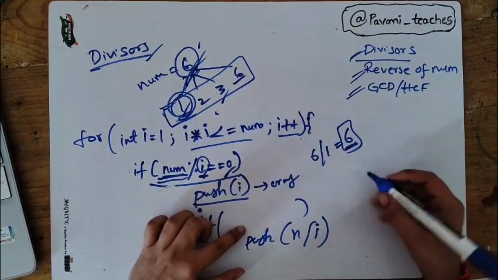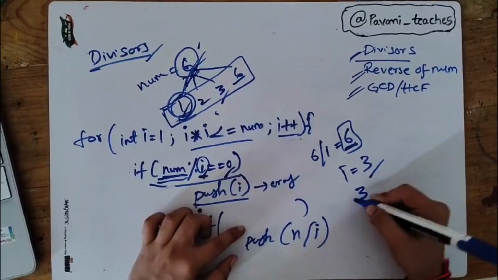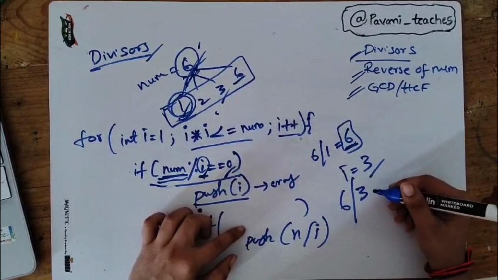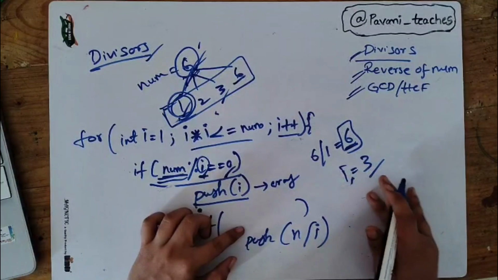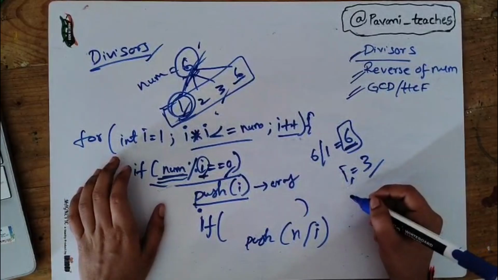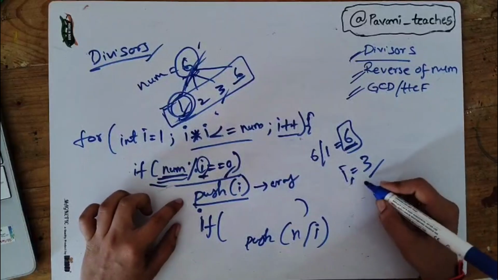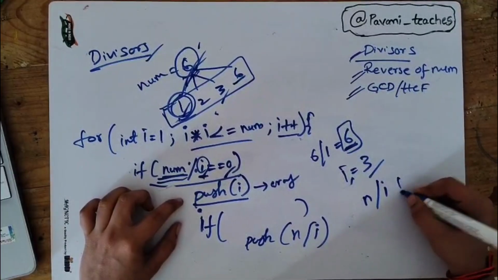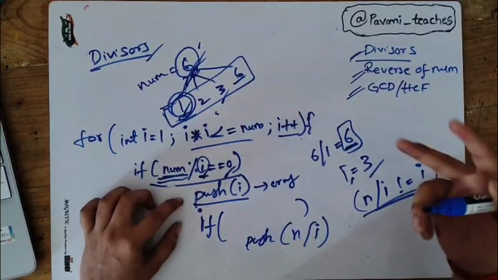Inside this if condition, what if i is equal to 3? 6 divides by 3. Inside this we have to give the condition n by i is not equal to i, because if this condition fails, we'll get the same number twice.